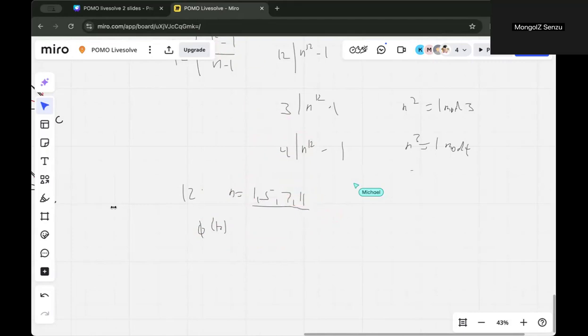So looking back at the original question, this does not satisfy the condition that the amount of integers is less than the totient of m. So actually, m is a case wherein the amount of n that satisfies it is actually equal to the totient.